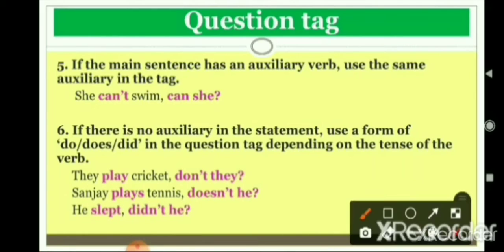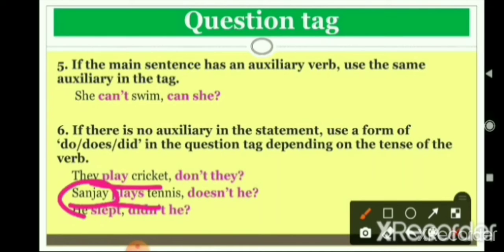Why don't? Because the sentence is in present tense and the subject is plural. If it is plural, it takes do verb, that is do we, do they, do you. So how are we supposed to frame the question tag? Don't they. Likewise, Sanjay plays tennis. Which is the main verb here? Plays.